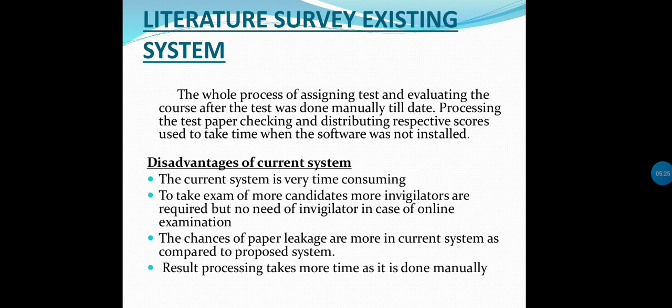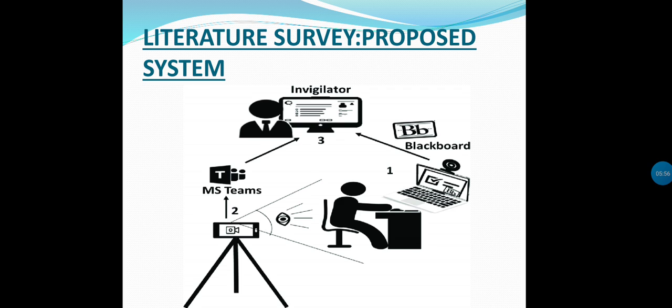Through manual processing, the results will be declared later, it takes more time to declare the results, whereas the proposed system, which is conducted online, will display the result of a particular candidate or student immediately after the completion of the exam.